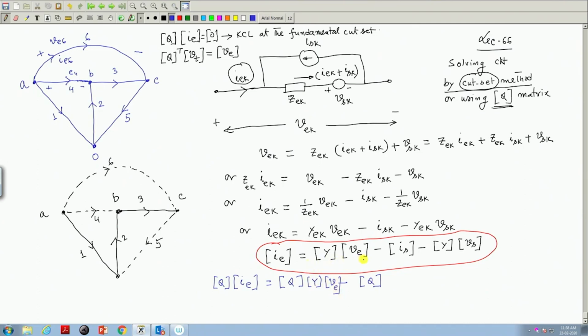This will be the first term, and this will be minus Q into Is.